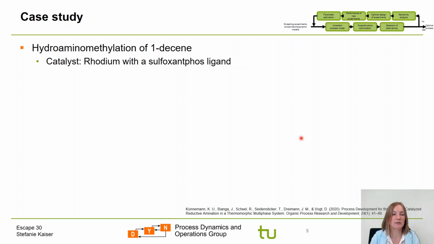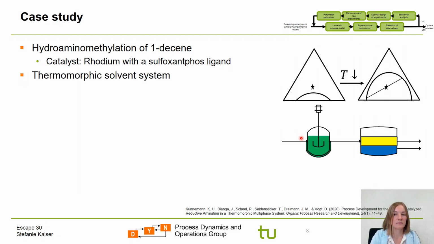The presented methodology is then applied to a case study, which is the hydroaminomethylation of 1-decene, where a rhodium catalyst is used with a sulfoxantphos ligand. In this case study, a thermomorphic solvent system is used. A thermomorphic solvent system is a system with different solvents, usually a polar and an unpolar solvent.